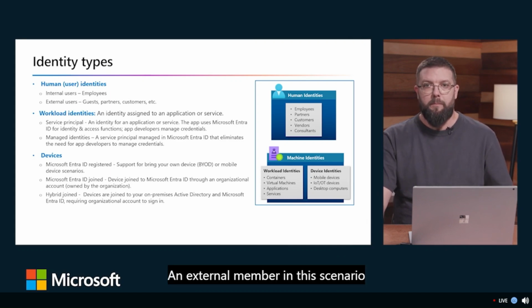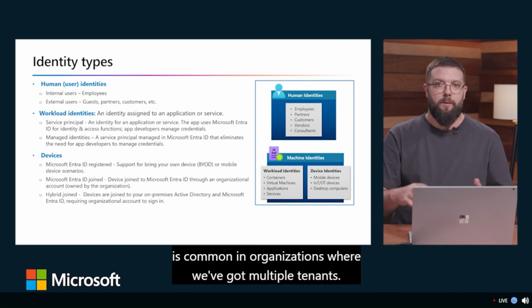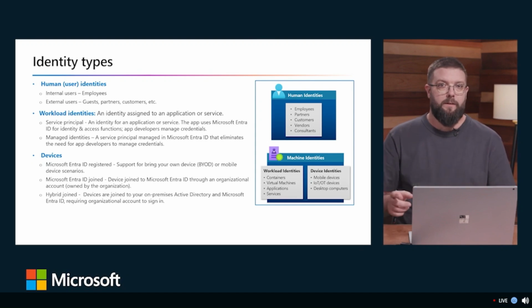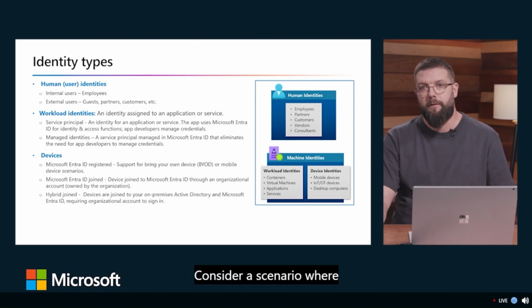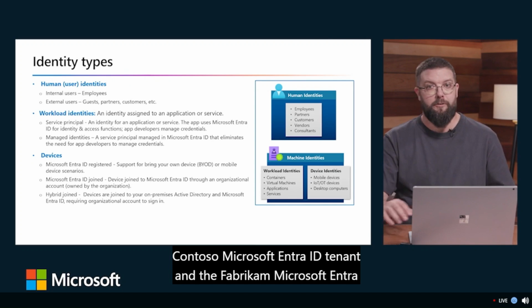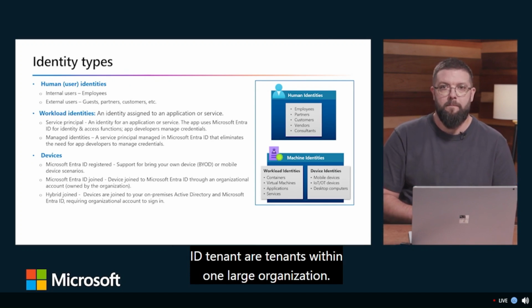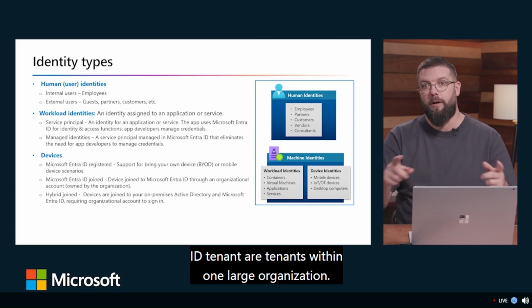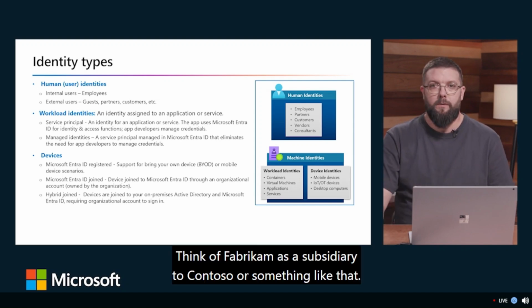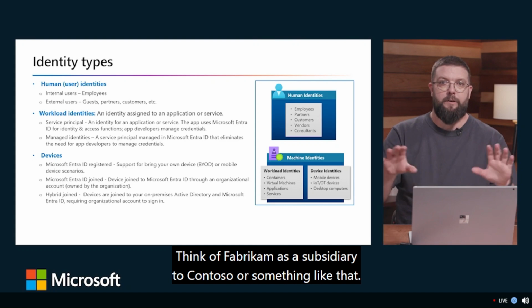An external member in this scenario is common in organizations where we've got multiple tenants. Consider a scenario where the Contoso Microsoft Entra ID tenant and the Fabrikam Microsoft Entra ID tenant are tenants within one large organization. Think of Fabrikam as a subsidiary to Contoso.